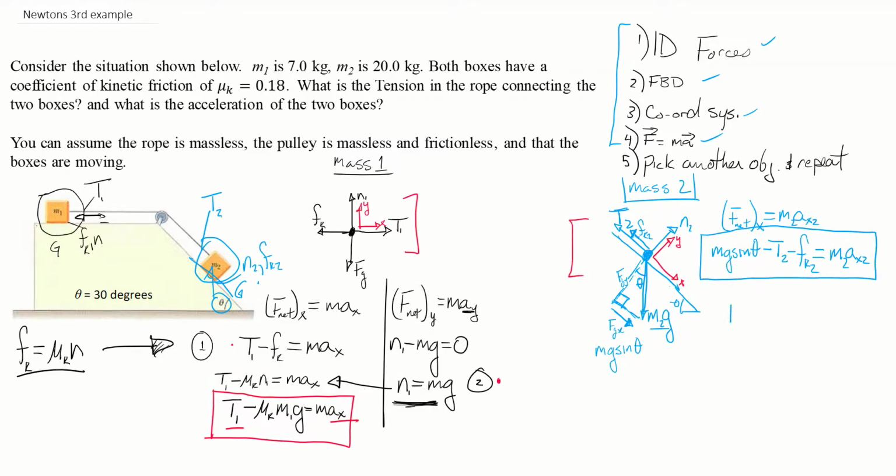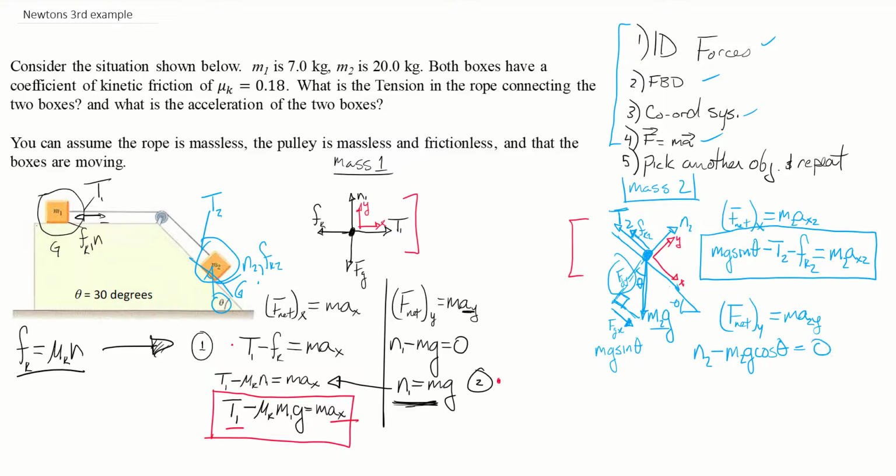The other one is going to be the same Newton's second law, just applied in the y direction, m2 a2y. And in this case, we have the normal force in the y direction, and we have this y component of gravity here, which is m2g cosine of theta.